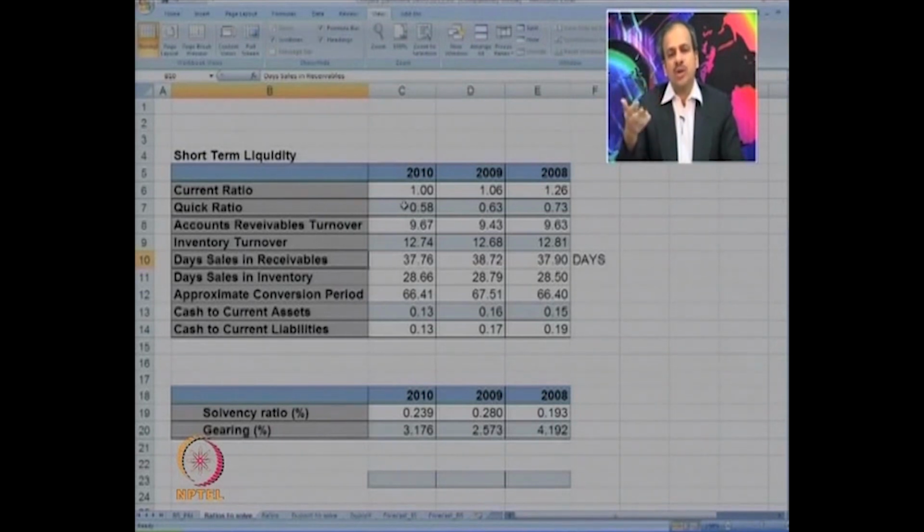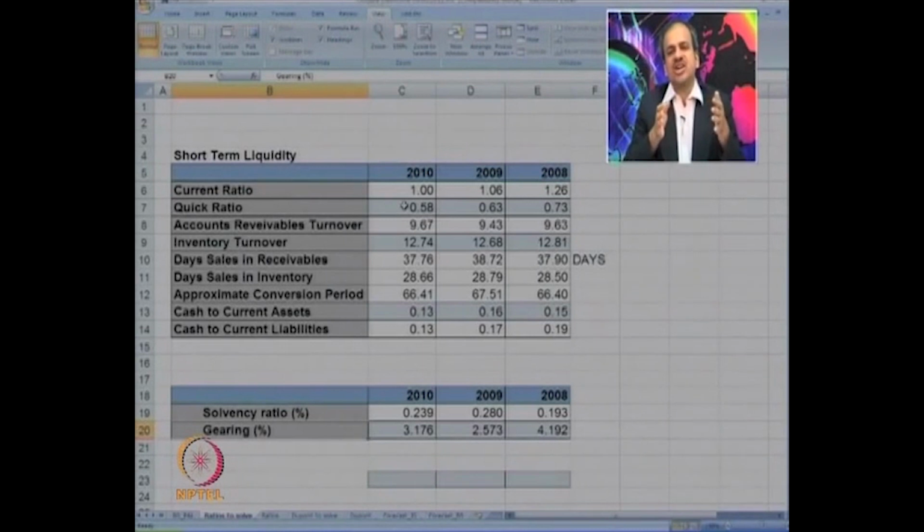We also tried to convert inventory into number of days, and then we have done short term ratios like cash to current assets and cash to current liabilities. This was followed by capital structure ratios. So, we have done 2 ratios there. One is a solvency ratio, the second one is a gearing ratio.